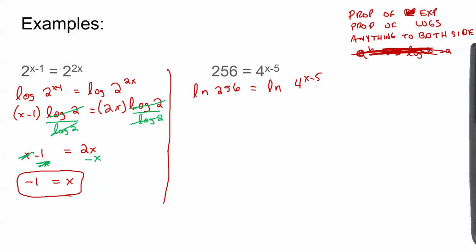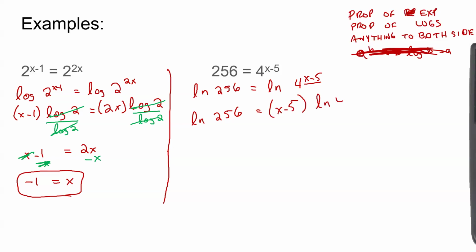All right. On this right-hand side, I'm going to use the power rule and bring that x minus 5 out front. Let's copy the left-hand side. Then I want to take that x minus 5, bring it up front with the power rule.